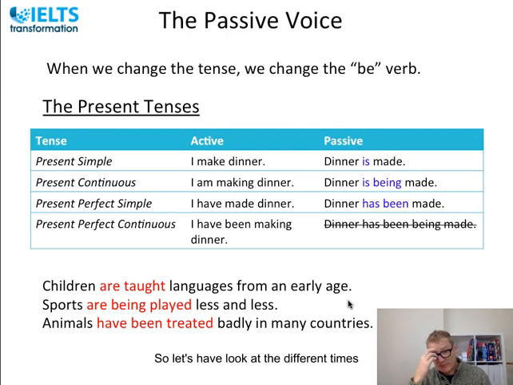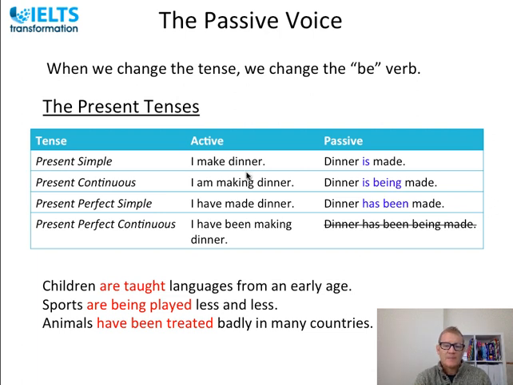So let's have a look at the different times and different tenses. So here are the present tenses. Active, "I make dinner." Passive, "dinner is made." See how the object of the transitive verb has gone to the subject of the sentence. Present continuous, "I am making dinner." "Dinner is being made." Present perfect simple, "I have made dinner." "Dinner has been made."